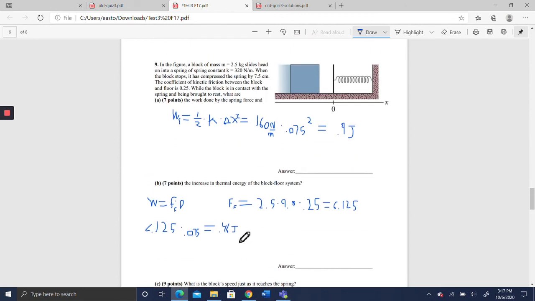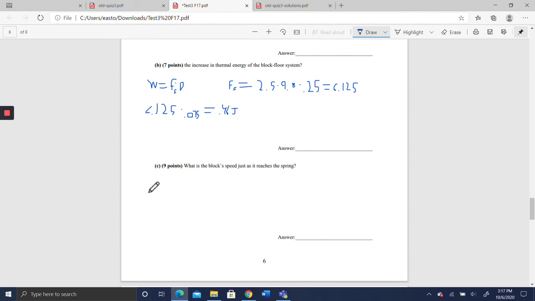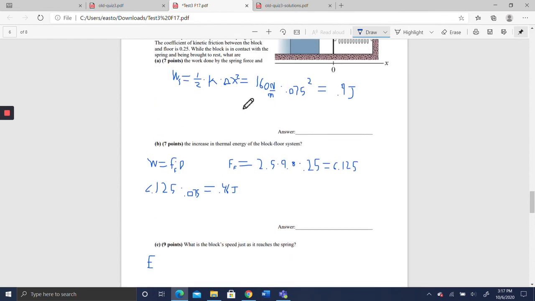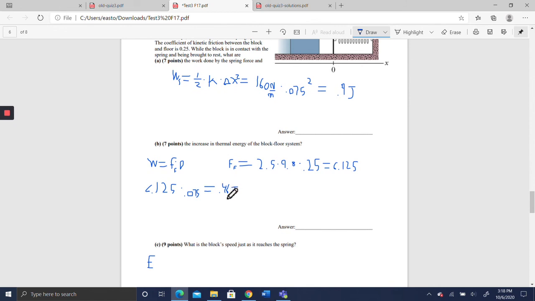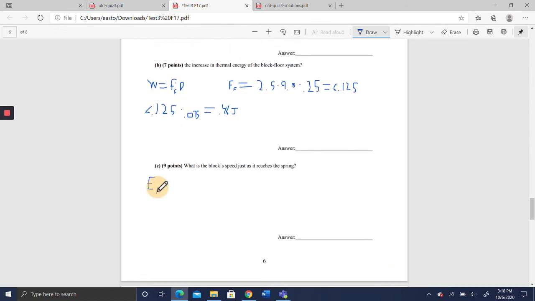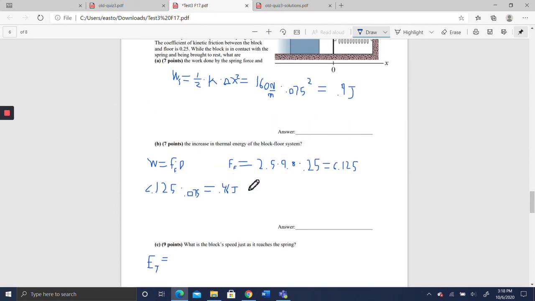What they then want to know is the block's speed just as it reaches the spring. That's pretty easy. Once again, we need to remember that the total energy stays constant. From right here to here, the block loses 0.9 joules to the spring and 0.46 to friction.